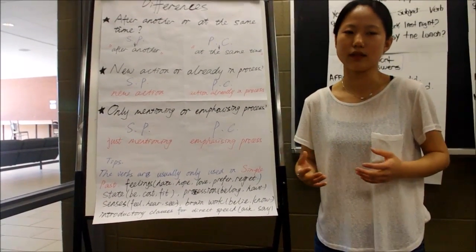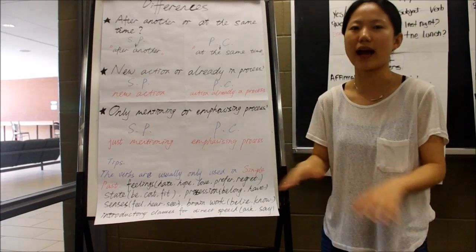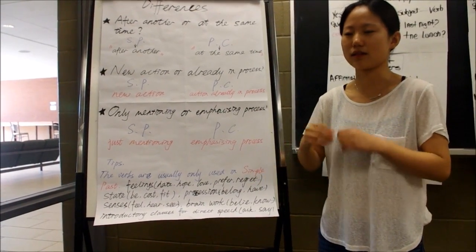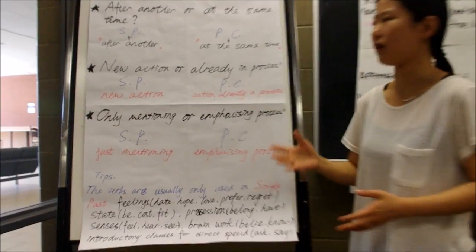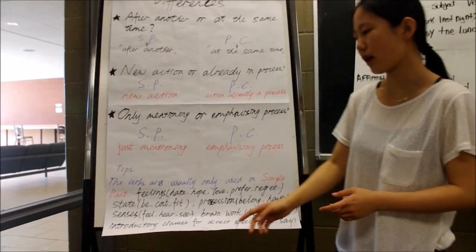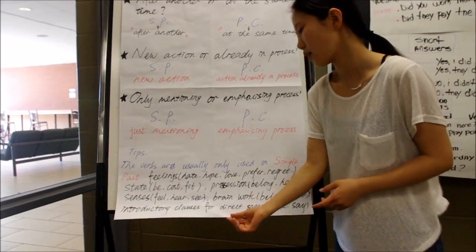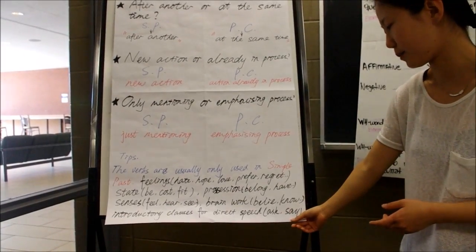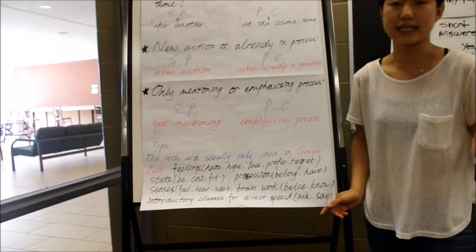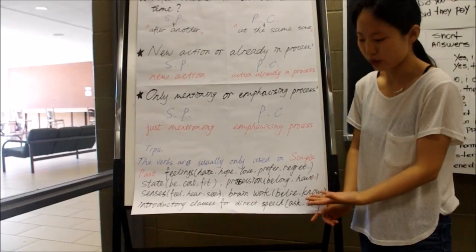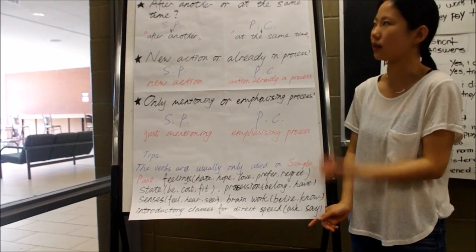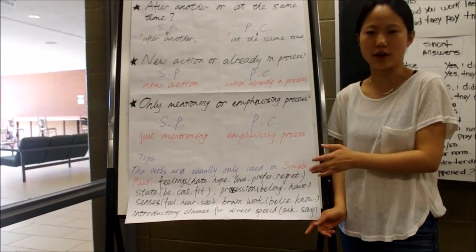We can know it. It doesn't have any continuation or process. The last one is introductory clauses for direct speech, like ask, like say. We don't use these words in the past continuous. That's all. Thank you.